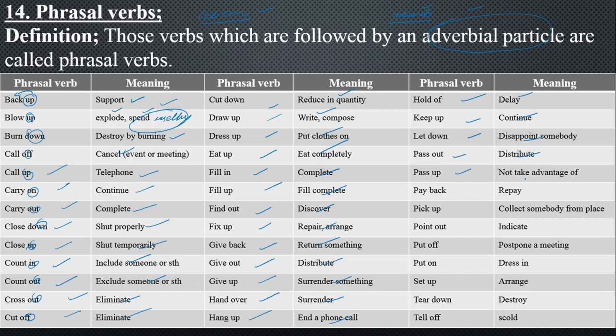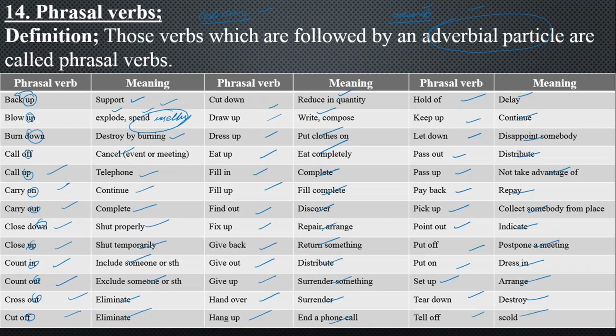Pass up, not take advantage of something. And pay back, repay. Pick up, collect somebody from a place, like I picked him up from his house. And point out, indicate. Put off, postpone a meeting. Put on, dress in. Set up, arrange. Tear down, destroy. Tell off, scold.